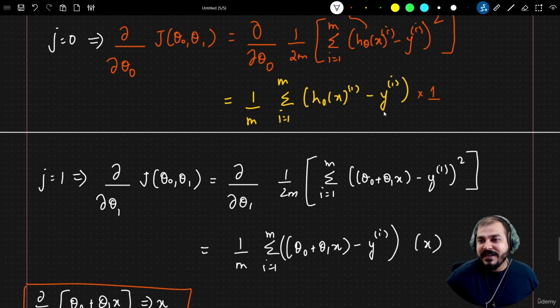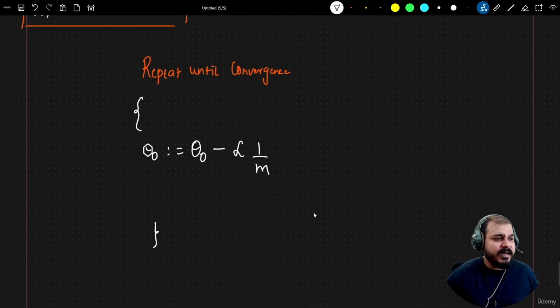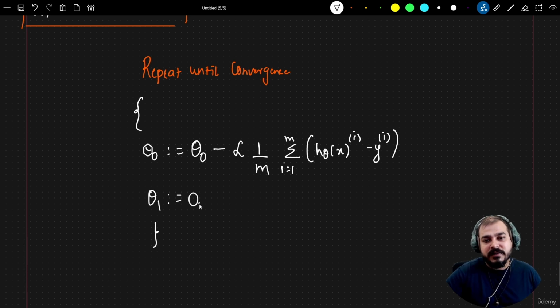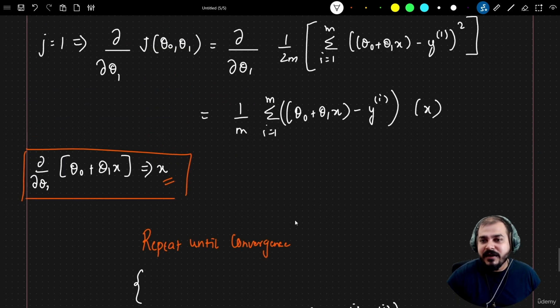So I'm just going to write this entire equation over here. It will be nothing but 1 by m summation of i is equal to 1 to m, and here I will be writing h theta of x of i minus y of i. Okay, and then theta 1 will get updated as theta 1 minus learning rate times the derivative of j theta 0 comma theta 1. What is the derivative we got over here?